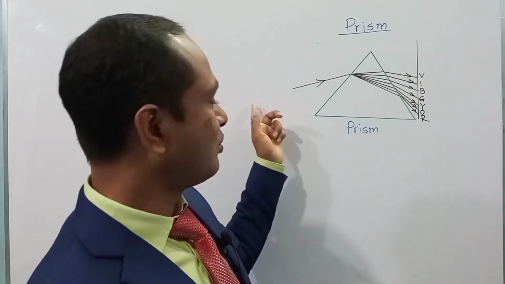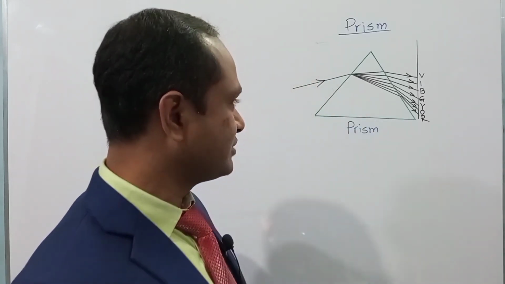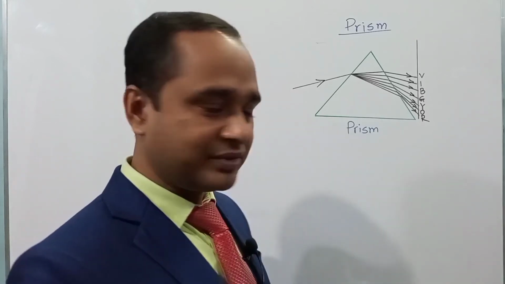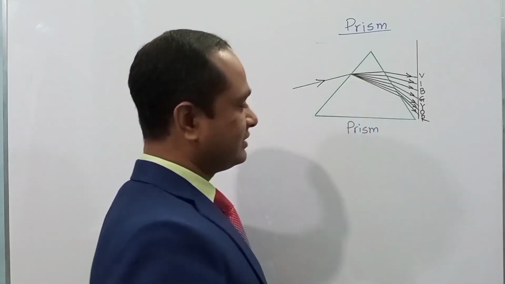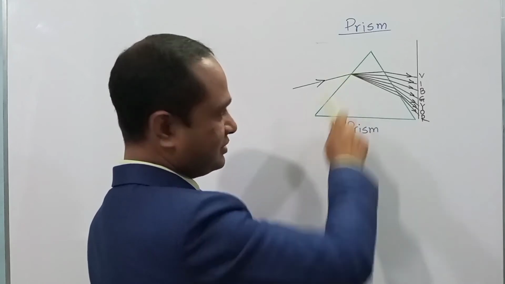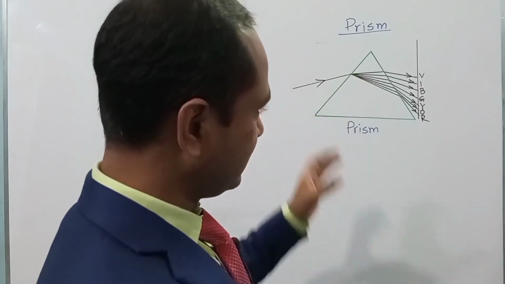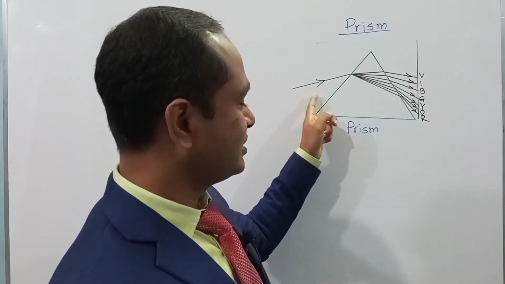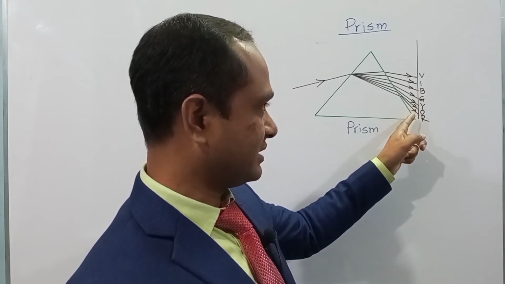When white light is incident on the surface of a prism, then according to the law of refraction, refraction will take place at the plane of separation, and the 7 constituent colors of the white light will be resolved.